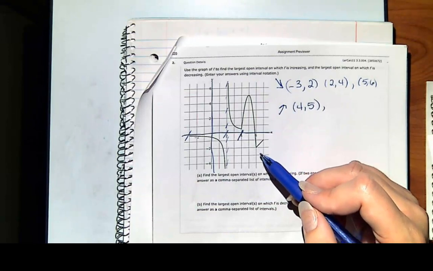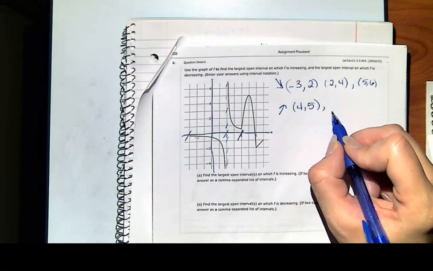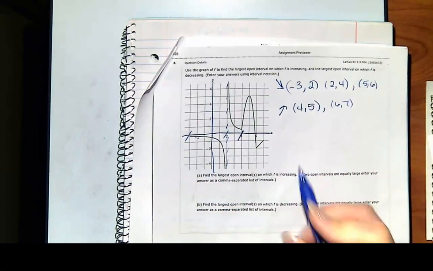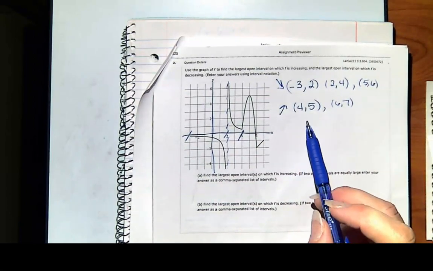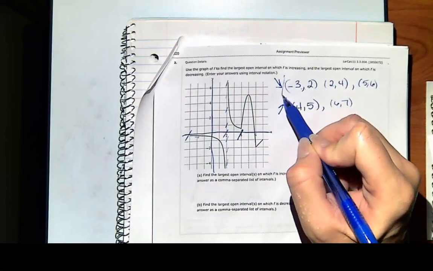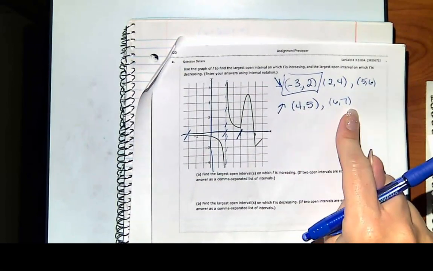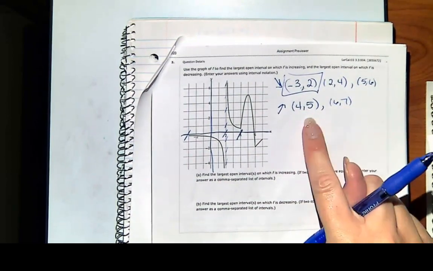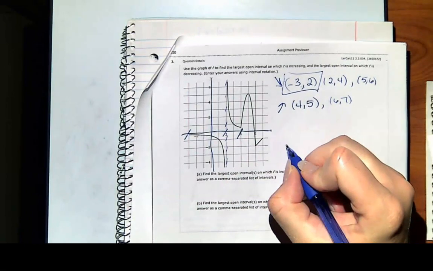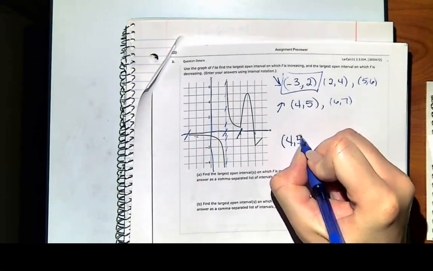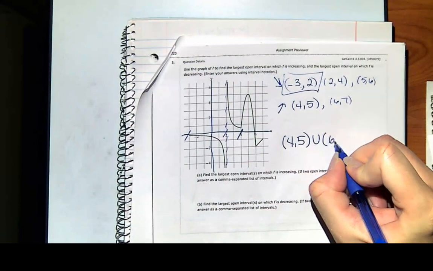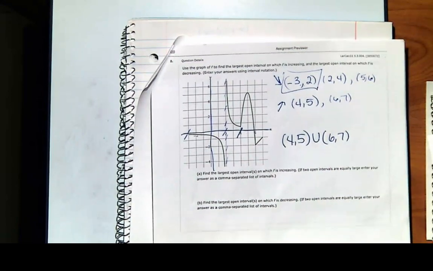And then he is increasing from 6 to 7. So of those options, which one is the widest? Well, on this one, this is going to be your widest. On this one, these match, so they are both 1 unit wide. And so you'll have both of those. So he is increasing from 4 to 5 and from 6 to 7.